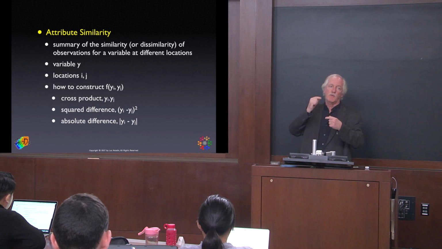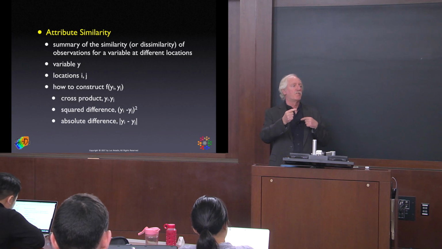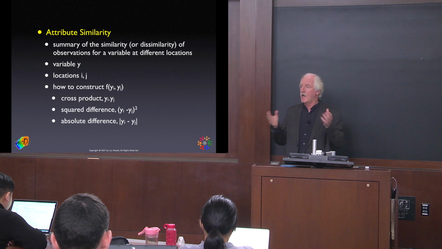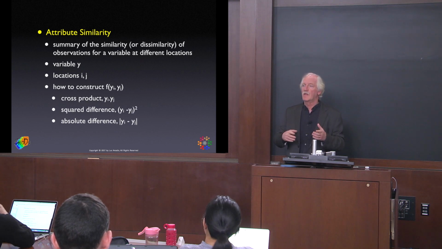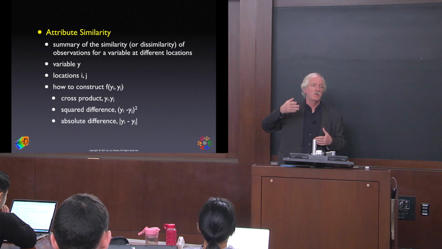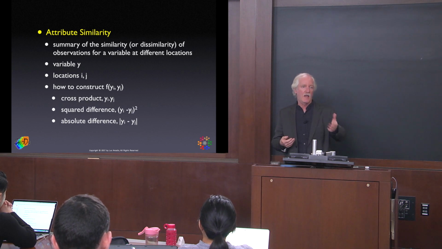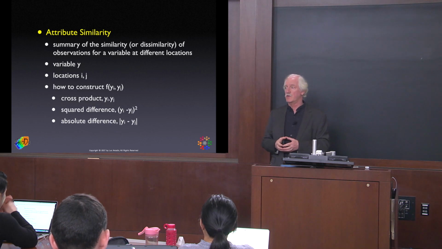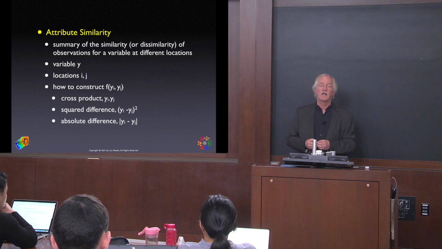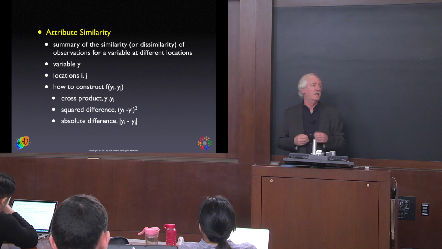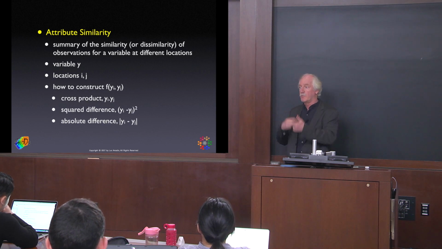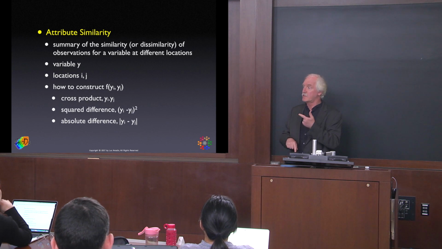So when you have a spatial autocorrelation coefficient that's based on a cross product, such as Moran's I, which we'll see in a few minutes, then high positive values are positive autocorrelation and negative values are negative autocorrelation. When you have a spatial autocorrelation statistic that's based on square differences, like Geary's C, then it's the other way around. Then small or negative values are positive autocorrelation.